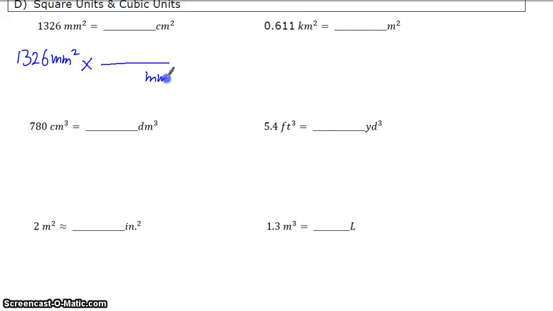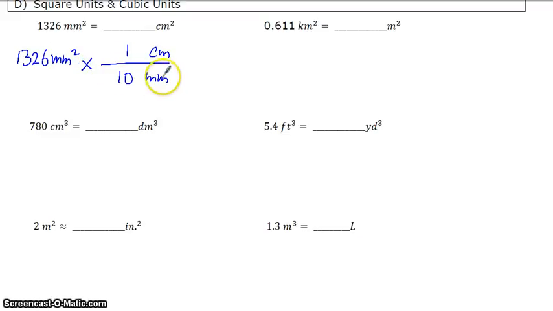Now you write millimeters to centimeters. That's what we want. However, those are just one dimension, right? We know 1 centimeter is 10 millimeters, but now we want it square. Then what do you do? If you need square, then you square the unit conversion factors. You just square this whole thing.